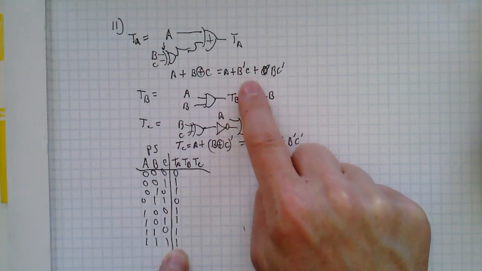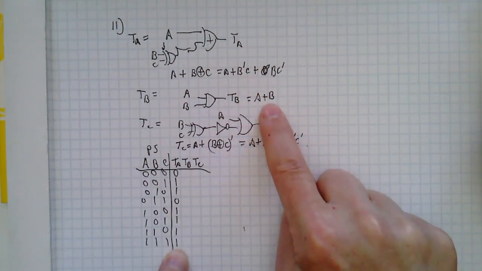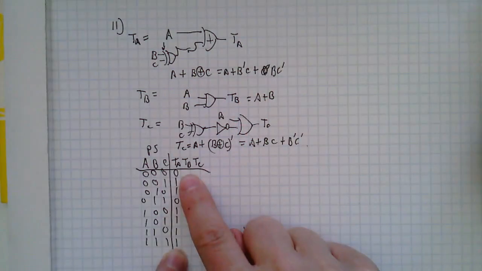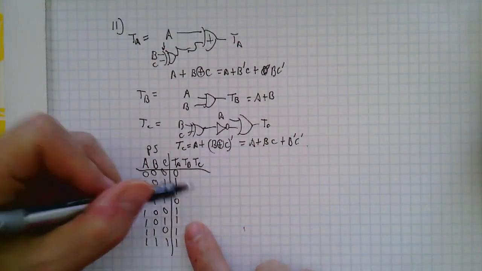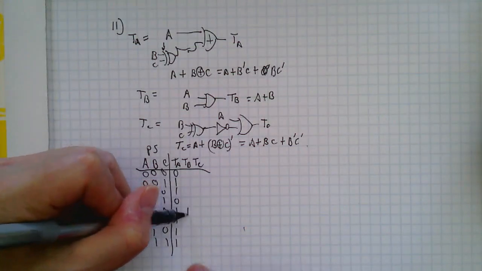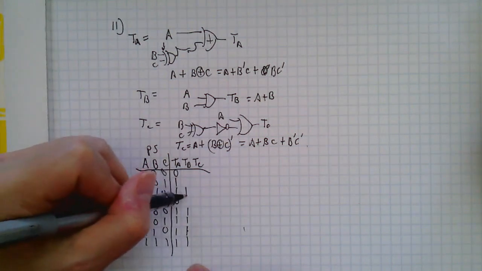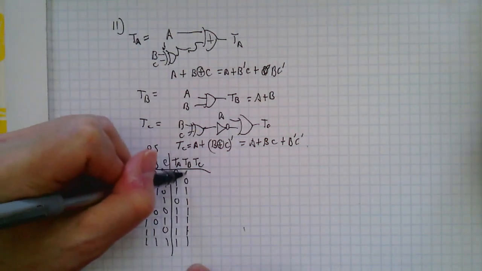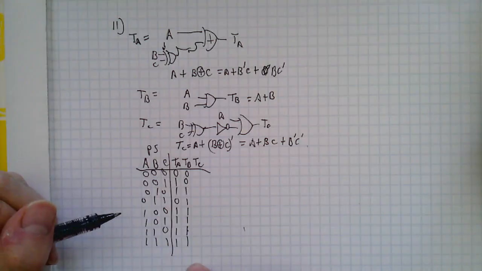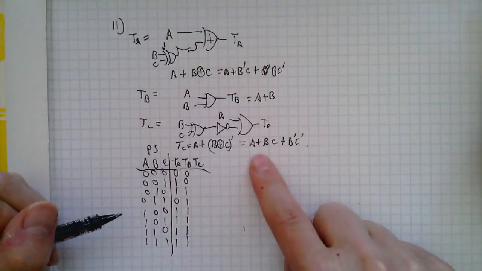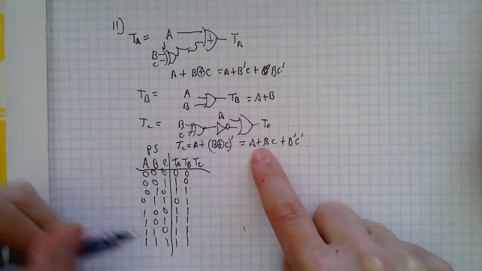A or B gets written here, so if A is a 1, T sub B must be 1. If B is a 1, T sub B is a 1, otherwise everything's 0. That was easy. Now I have A. If A is a 1, I write out 1.